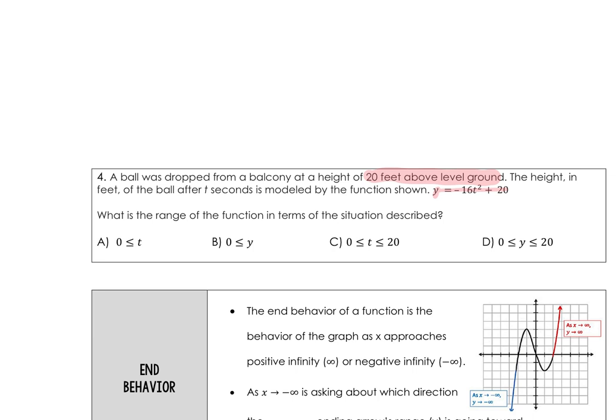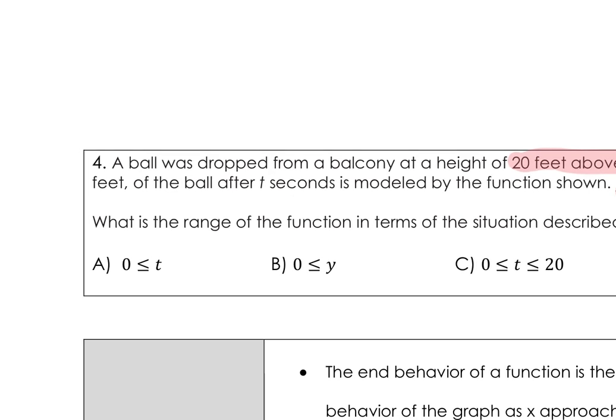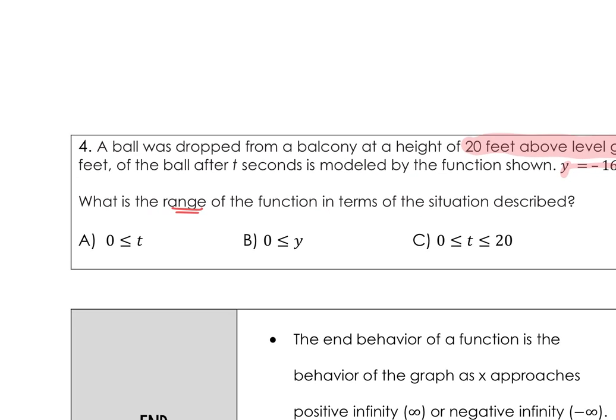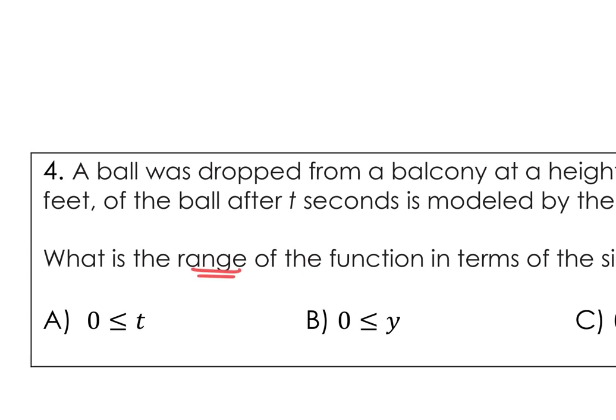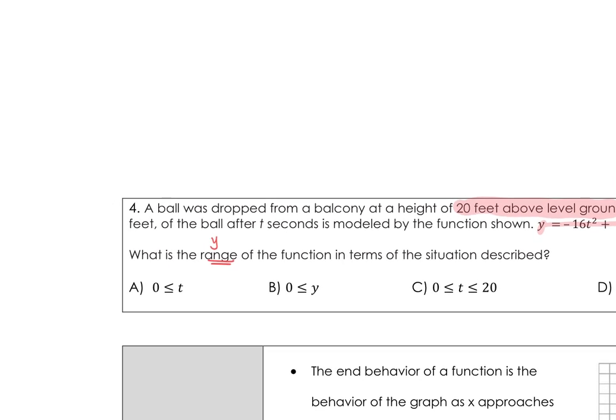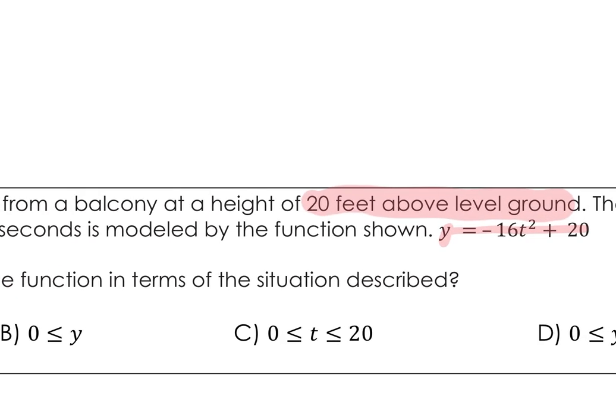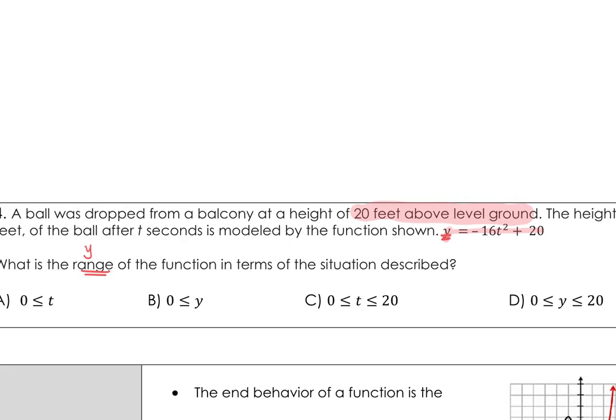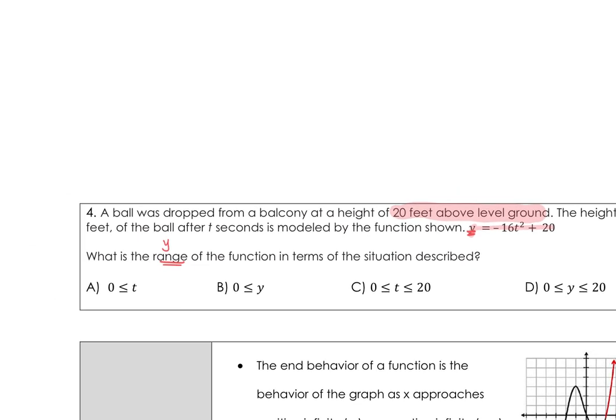The question is, what is the range of this function in terms of the situation being described? The range is which variable? Y. So this is my range, these possible y values.